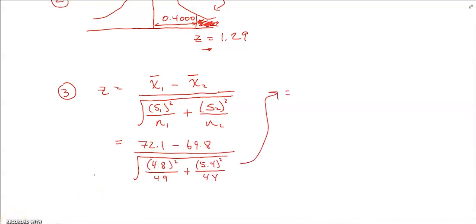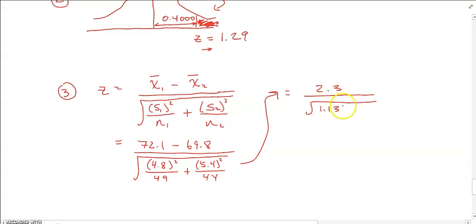So putting the values in, I have the following, and then performing the calculation, I get 2.3 on top, divided by the square root of 1.13293354, which then gives us 2.3 divided by 1.06439, and almost there.